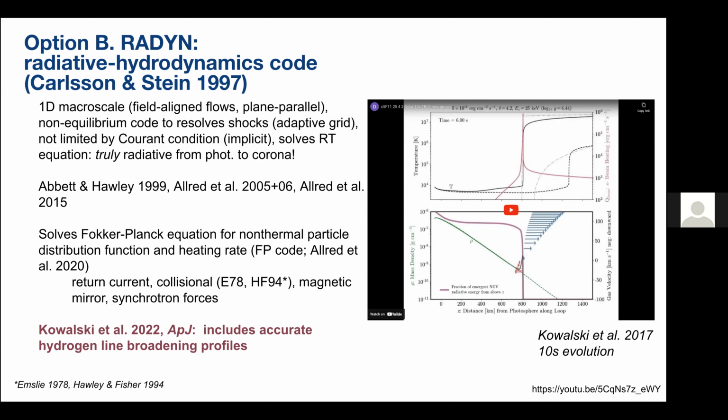So it's 1D, the flows are aligned along the magnetic field, and it's been modified over decades to simulate flares better and better. And this shows you the beam heating rate here as the red curve, and then the evolution of the temperature. So initially you'll see the transition region here in the chromosphere, and they'll both be pushed inwards by the heating. This is just one simulation that we've run here.